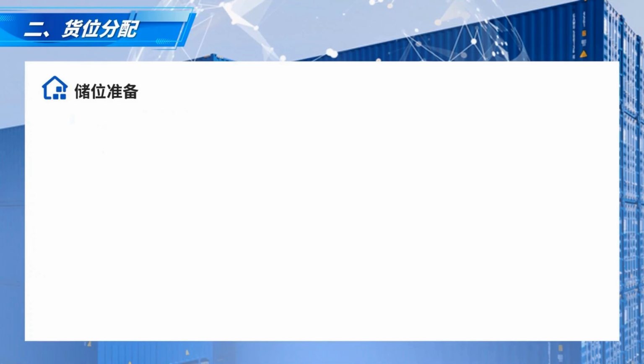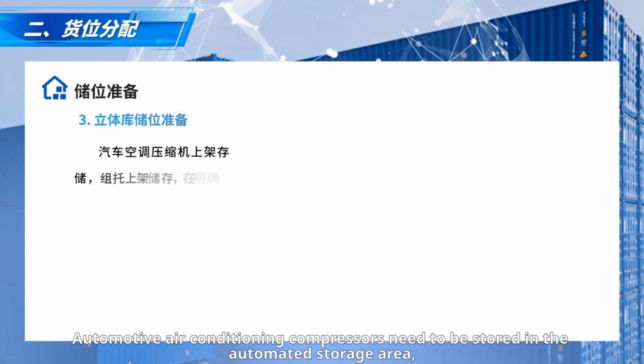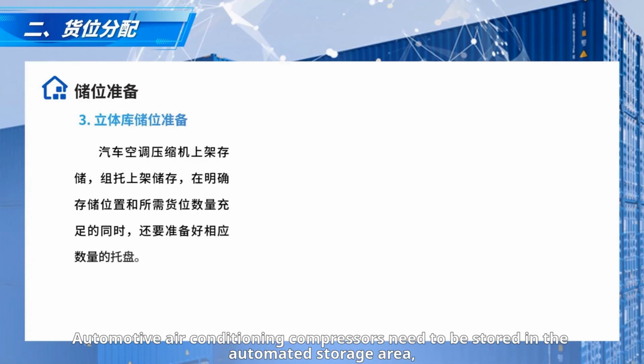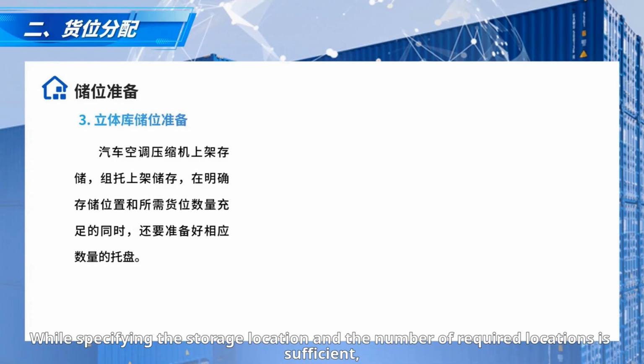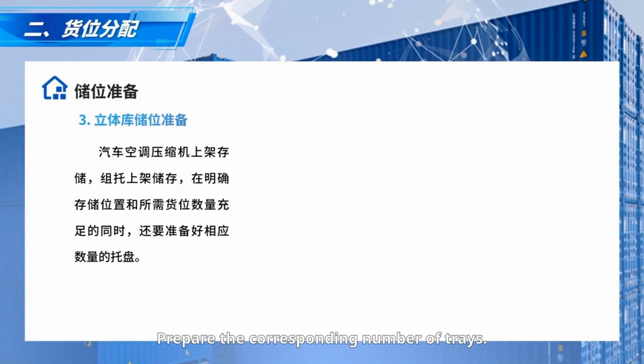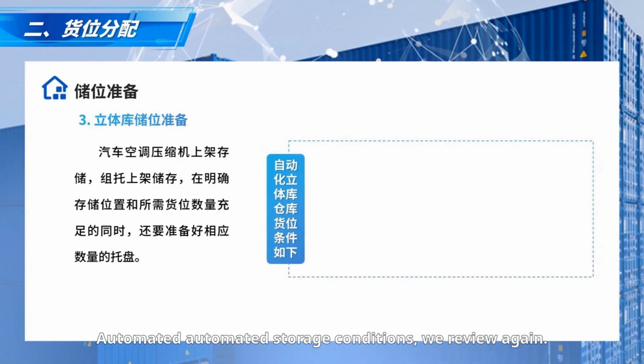How about the automated storage area? Automotive air conditioning compressors need to be stored in the automated storage area. While specifying the storage location and the number of required locations is sufficient, also prepare the corresponding number of trays. Automated storage conditions, we review again.